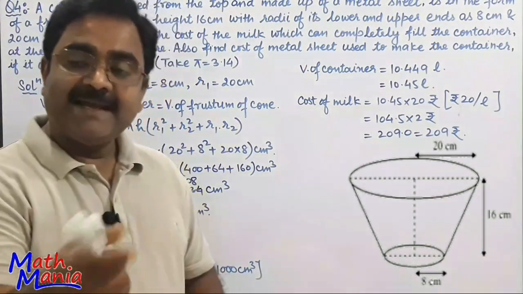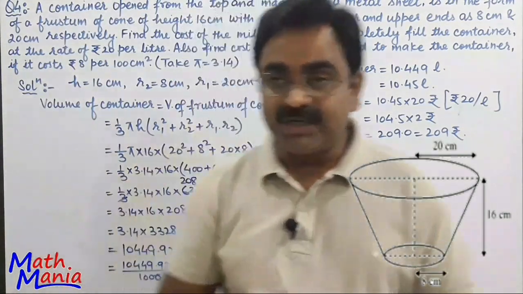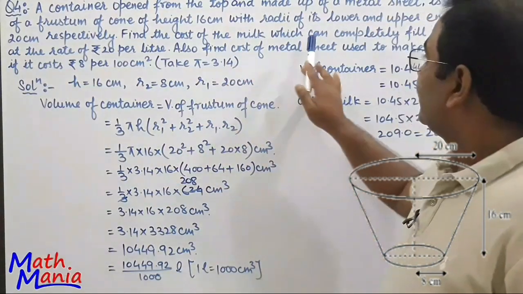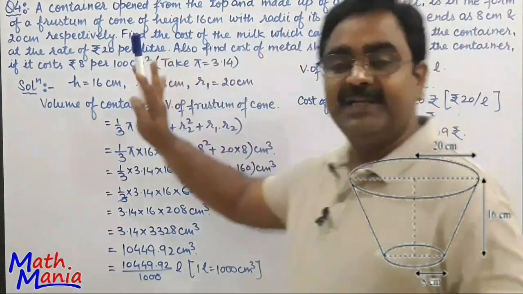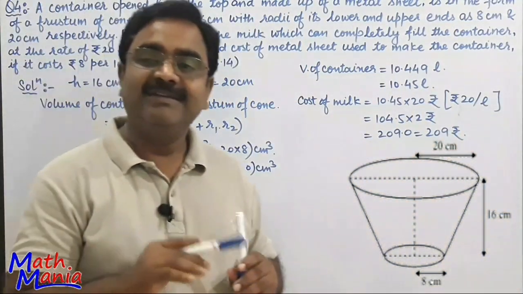Okay friends, as for the second question, what is the second question asking? First question was find the cost of milk which completely fills the container at the rate of 20 rupees per liter.